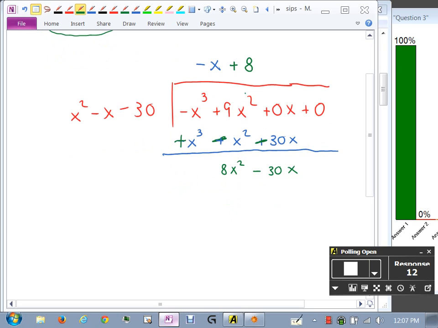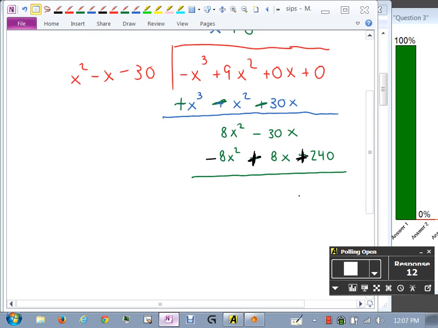And then come through 8x squared. Then what? Minus 8x. And then finally 8 times negative 240. Then I come through and I change the signs. Negative, plus, plus.